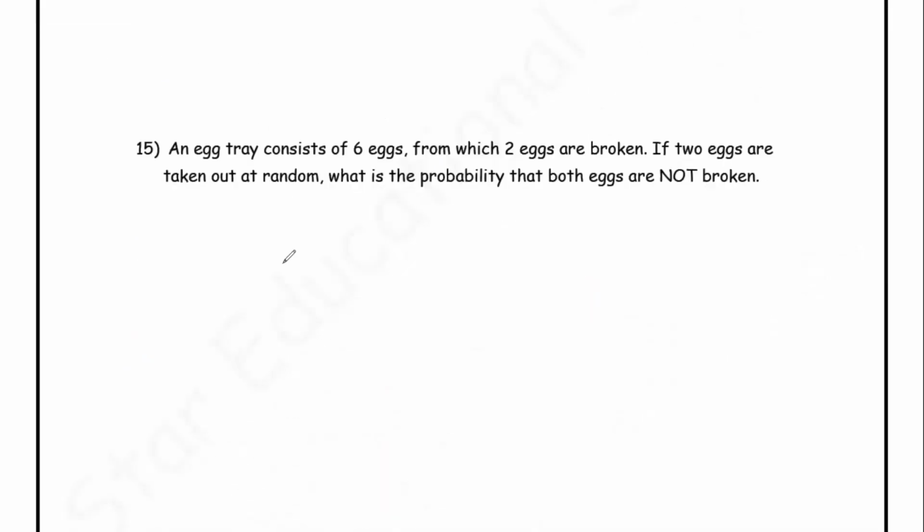An egg tray consists of 6 eggs from which 2 eggs are broken. So I've got 2 eggs broken and 4 eggs in perfect condition. If 2 eggs are taken out at random, so out of 6 eggs, if 2 eggs are taken at random, 6C2 are the possible combinations. What's the probability that both eggs are not broken? Not broken is 4C2.